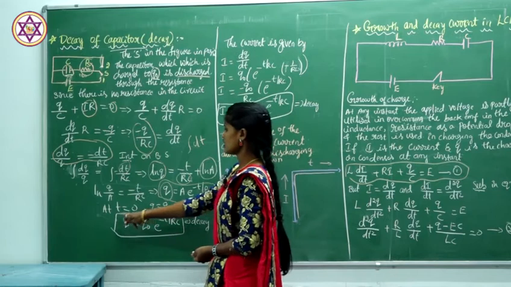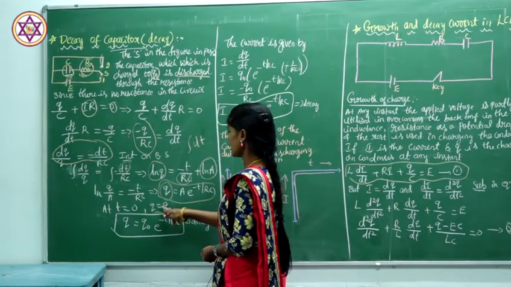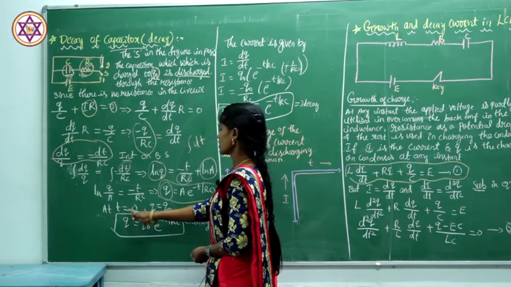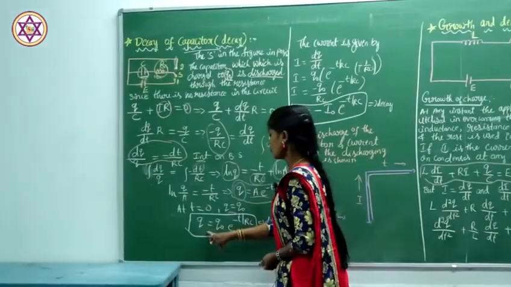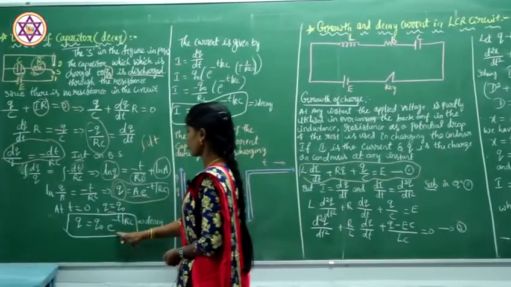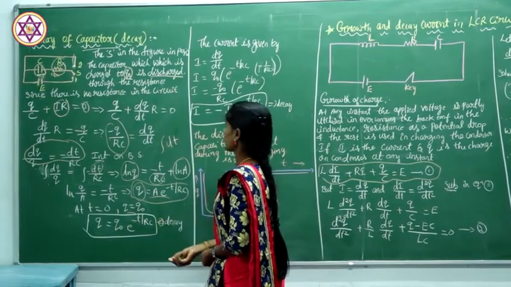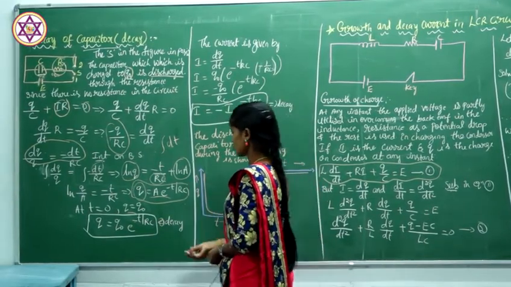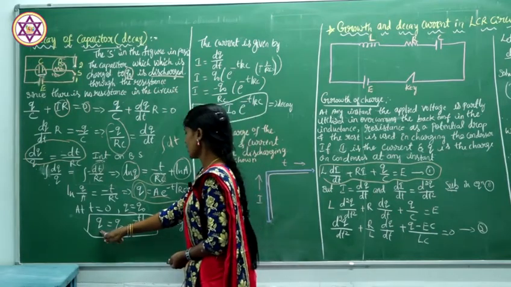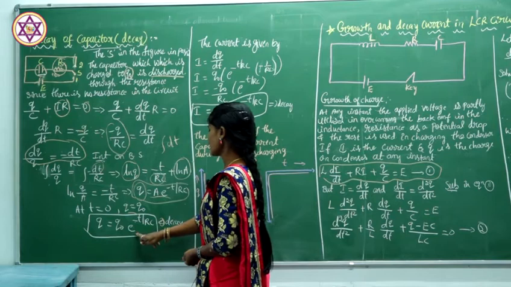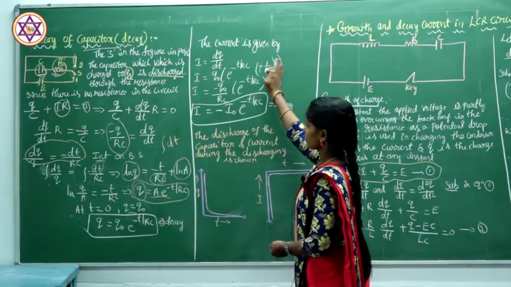So the equation becomes Q is equal to Q naught e to the power of minus t by RC. This is called the decay of charge of the capacitor. Next, the current is given by.